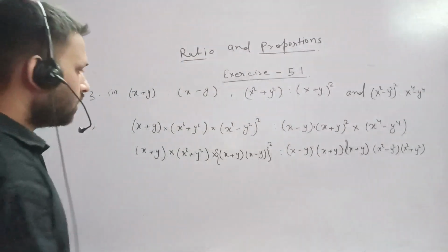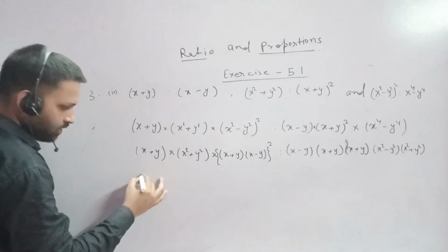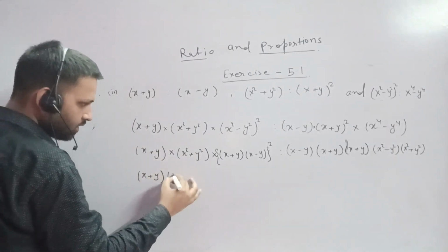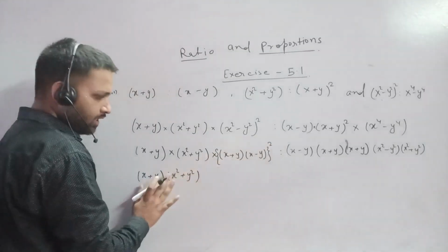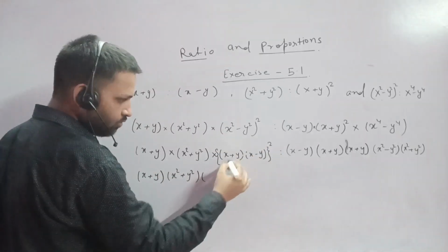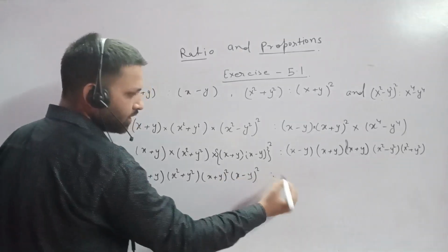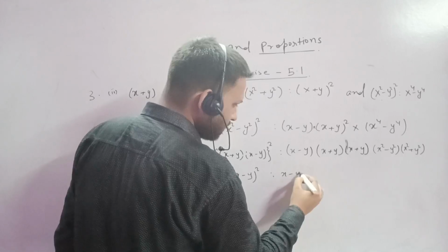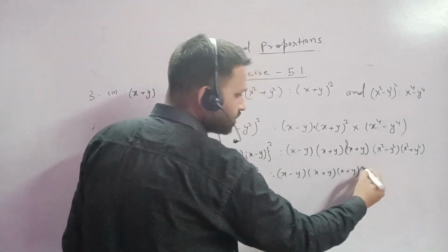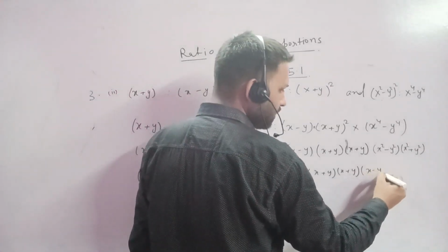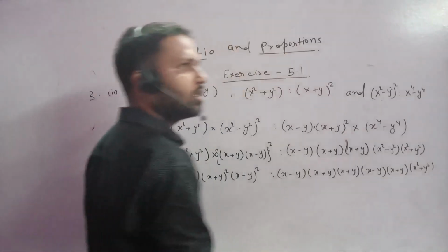Now we further factorize and simplify. Nothing more can be factorized in x square plus y square. Here you see (x plus y) whole square and (x minus y) whole square, is to x minus y into x plus y into x square plus y square.